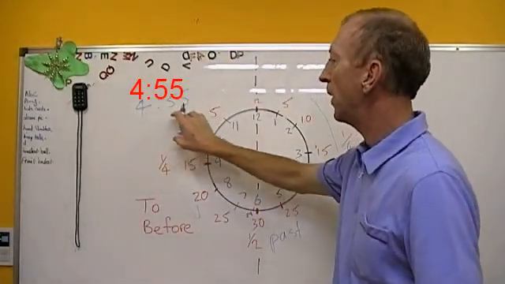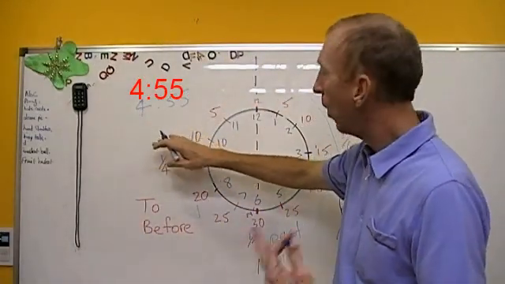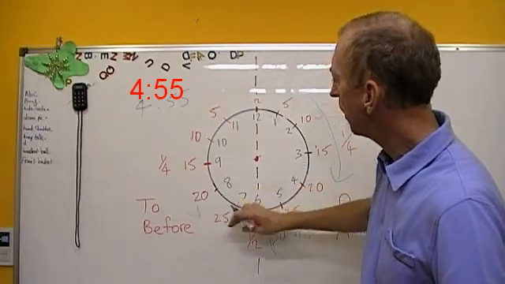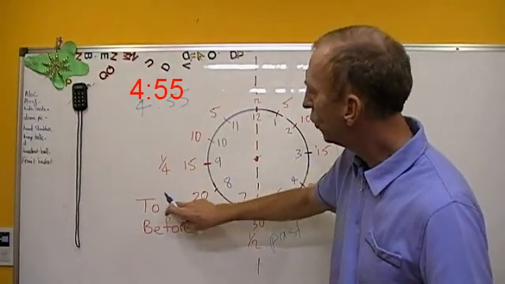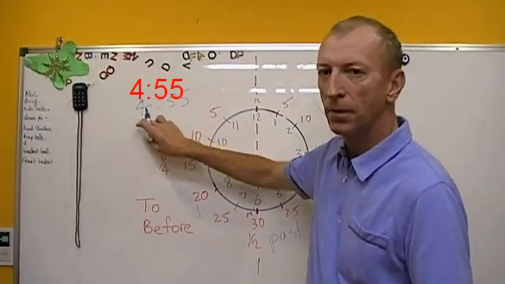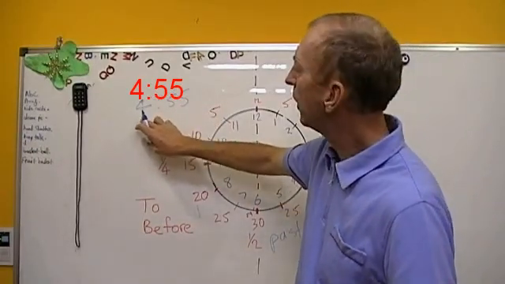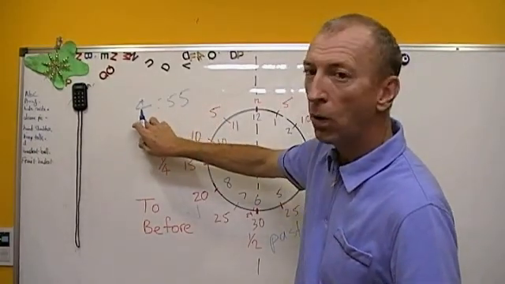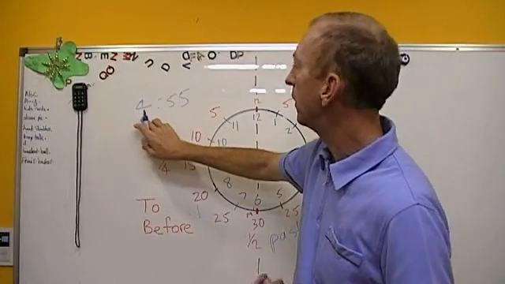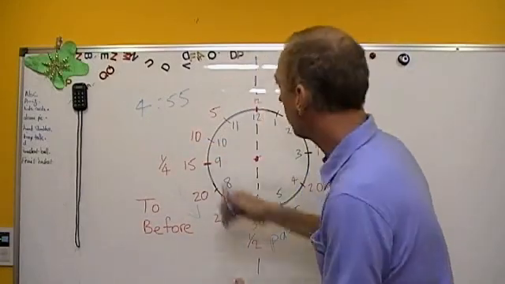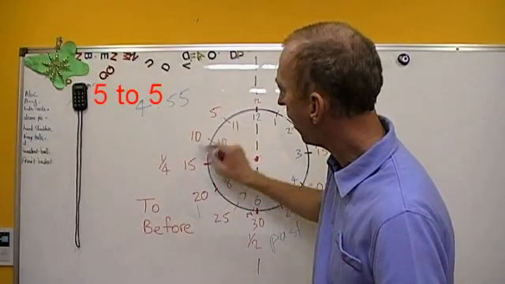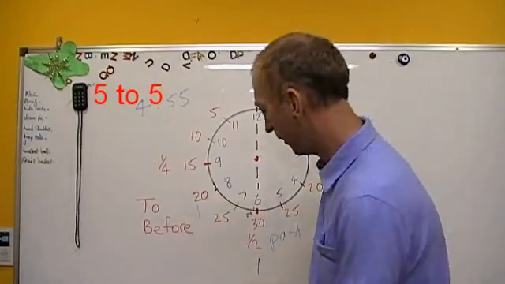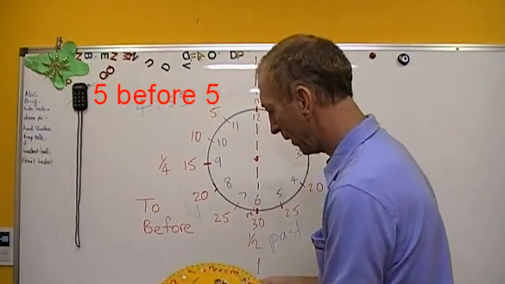Okay, so we just read that again, 4:55, or with this time here, where's 55? It's here. Where's the 4? What's after the 4? Where's the 4 going to? Next hour after 4, 5. So it is 5 to 5. 5 before 5, because our clock looks something like this.